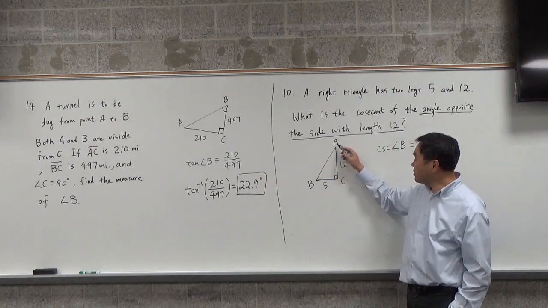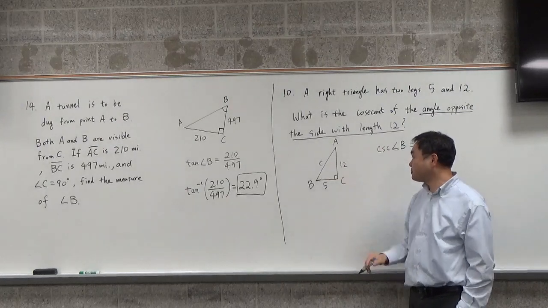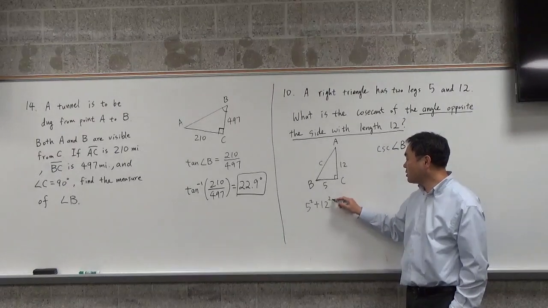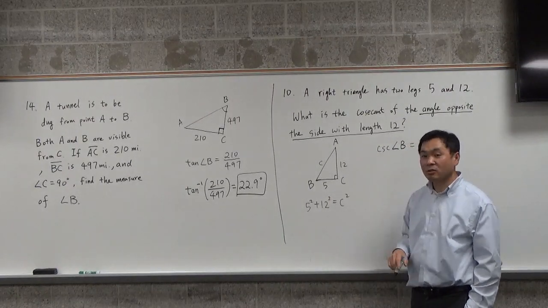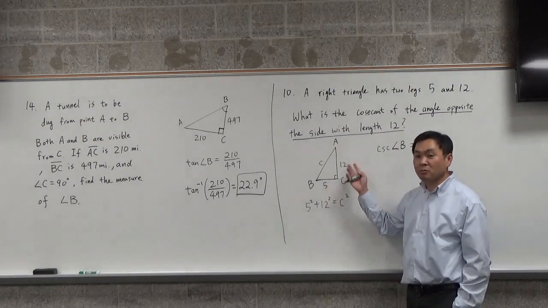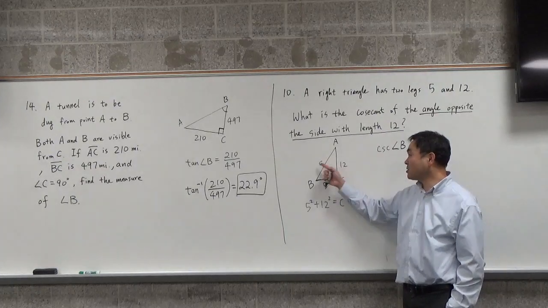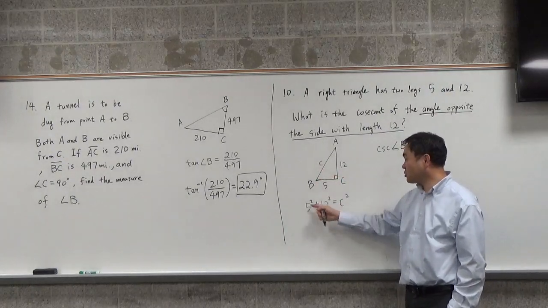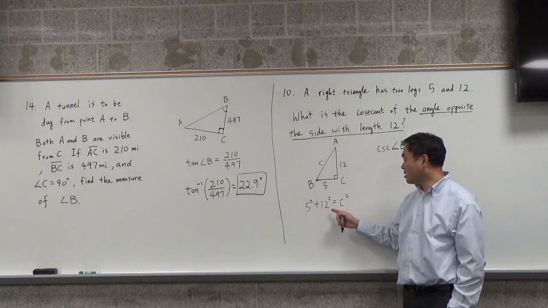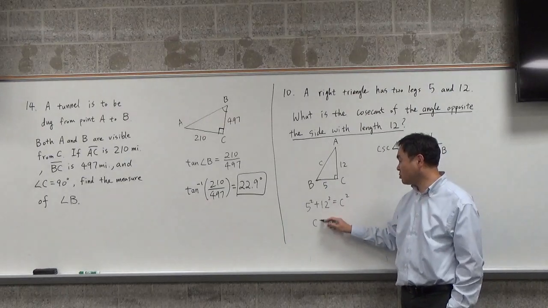So the naming convention is this is going to be lowercase a, that's lowercase b, this will be lowercase c. And we have 5 squared plus 12 squared equal to c squared using the Pythagorean theorem. Some of you may even remember the Pythagorean triples, that's 5, 12, and this side is 13. Or you can do this. It's 25 plus 144, that gives you 169, and then you take the square root, you get c equals 13.